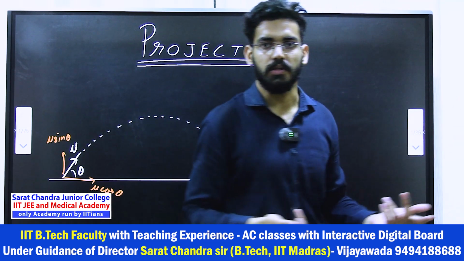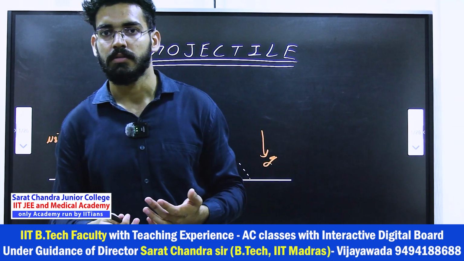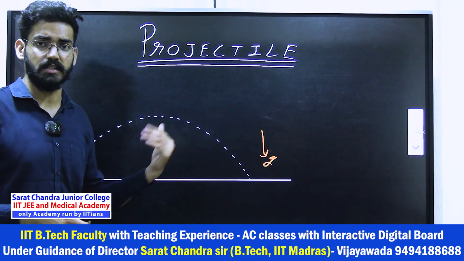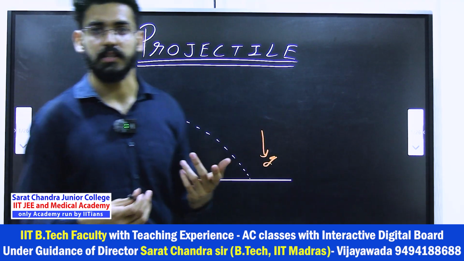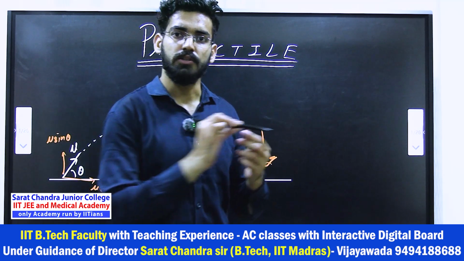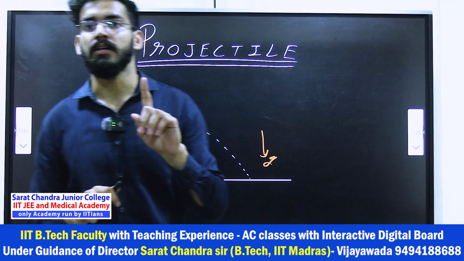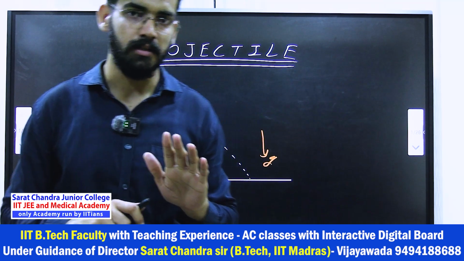Where will it stop? Do we know? No. Why? Because there is no acceleration in x direction. So it will continue with the u cos theta velocity. So this horizontal direction is not deciding my time taken in the projectile, right?